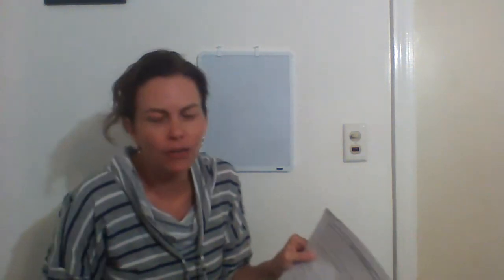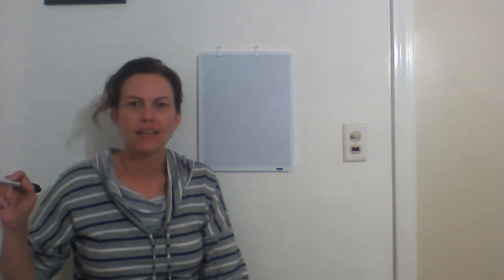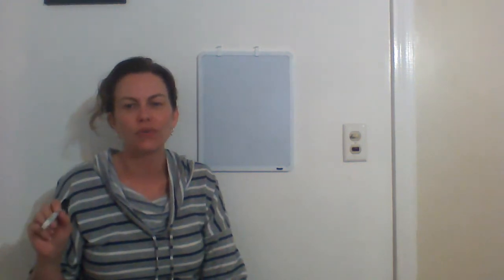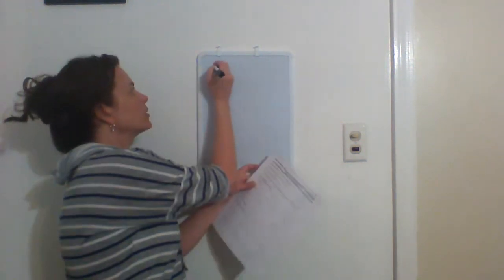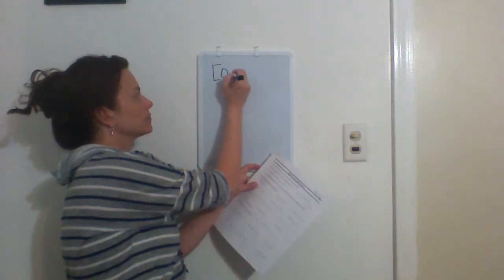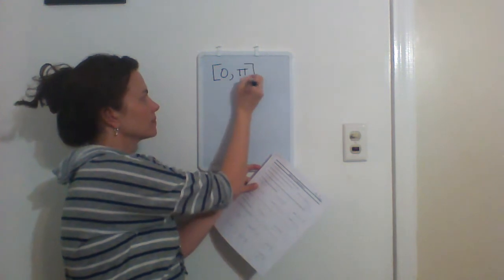When we're talking about cosine, if we're thinking about all the values of cosine from +1 to -1, every single one of those values of cosine can be found on the interval from 0 to pi. Right?